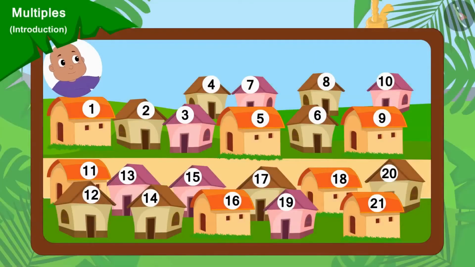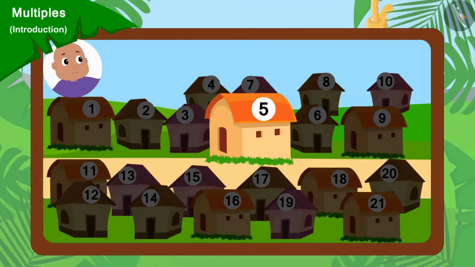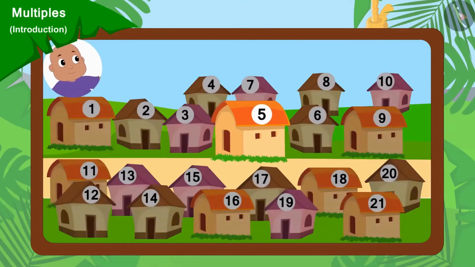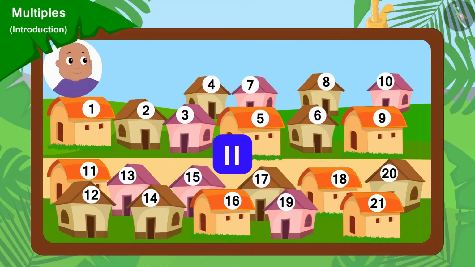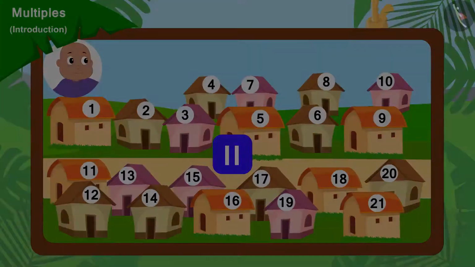Now, finally, if Bablu went to collect donations from every fifth house, then can you find the multiples of 5 and find out in which houses Bablu went to collect donations from? If you wish to, you can stop the video and find the answer.